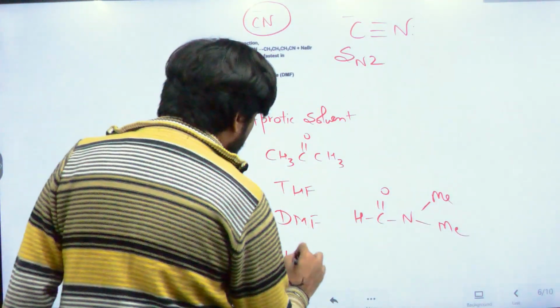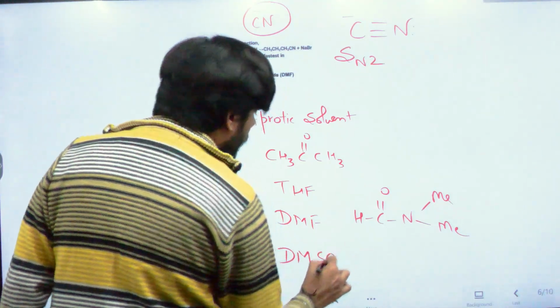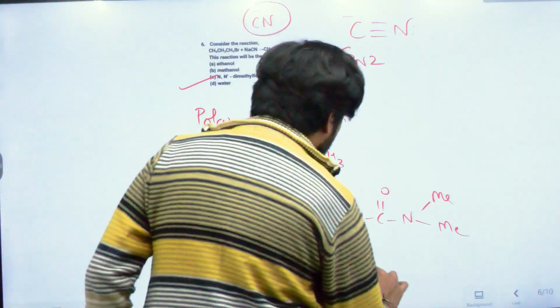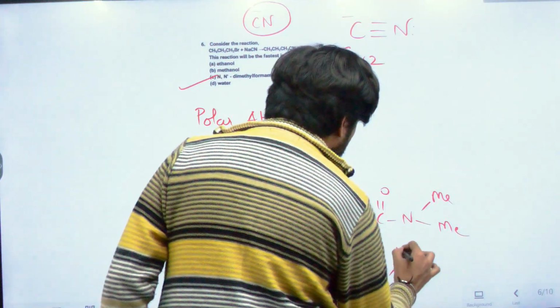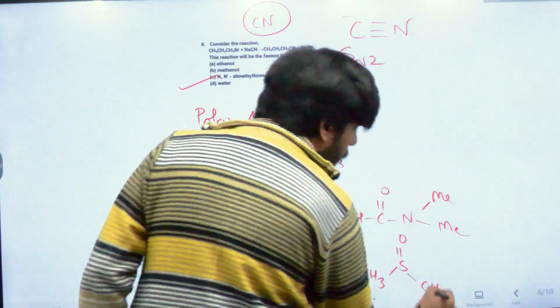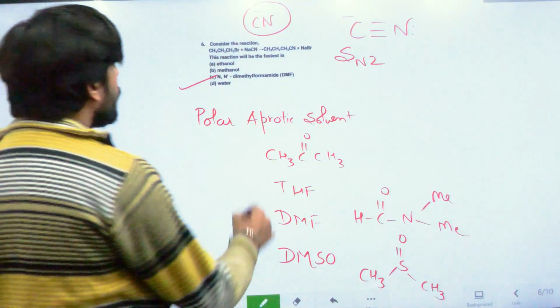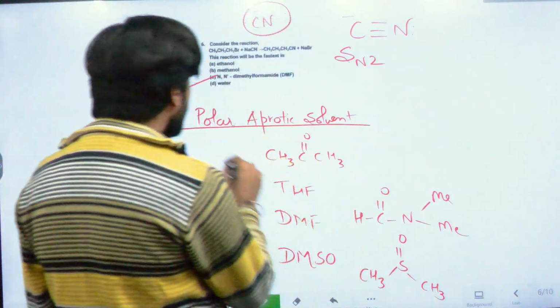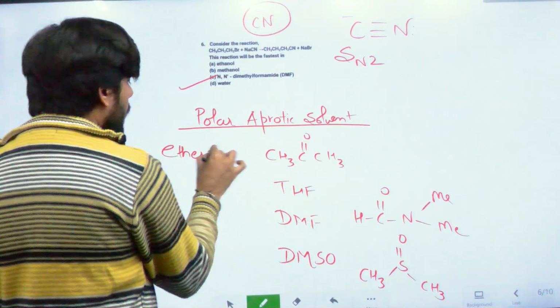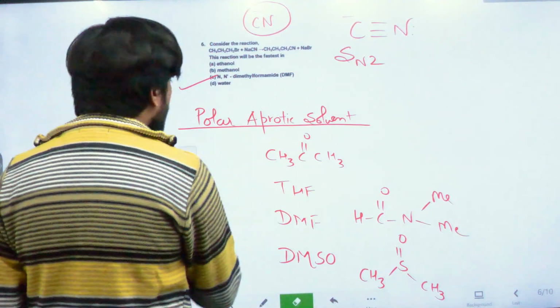The next example is DMSO, dimethyl sulfoxide. Ethers are also aprotic, but they are not polar.